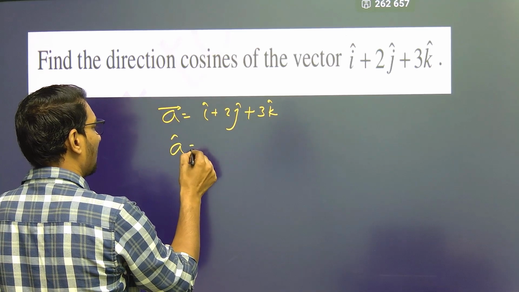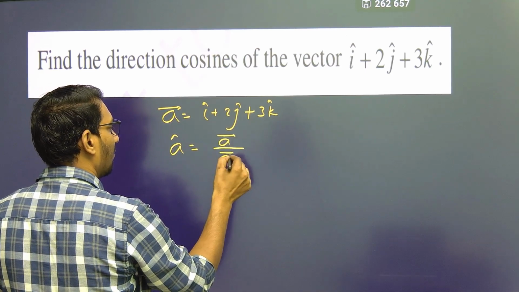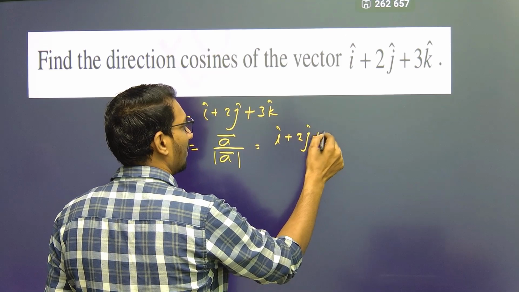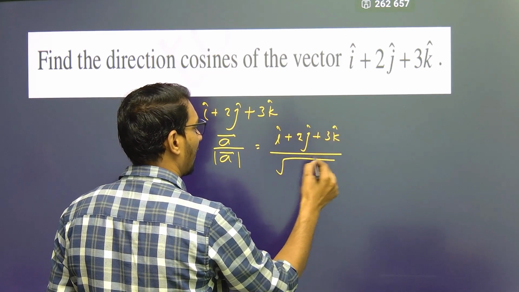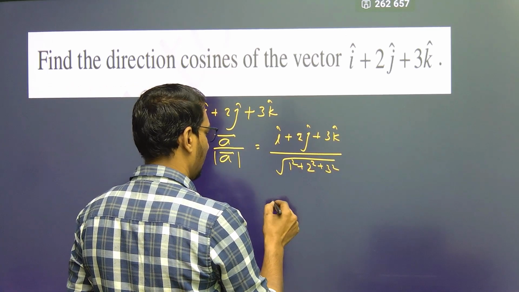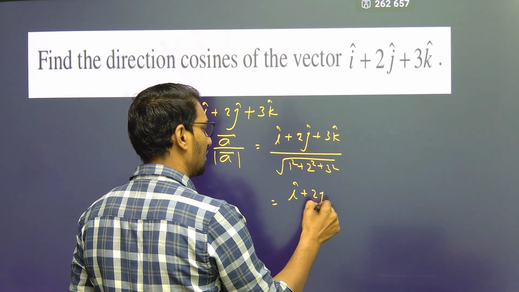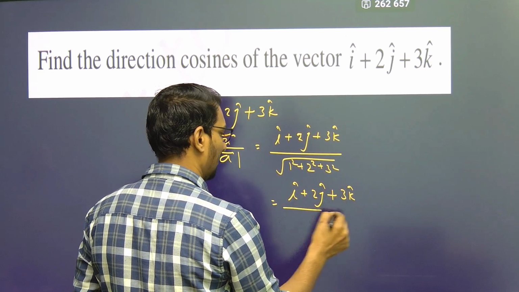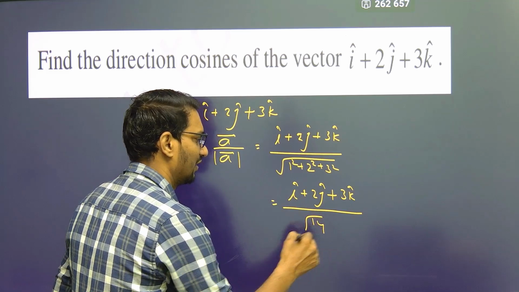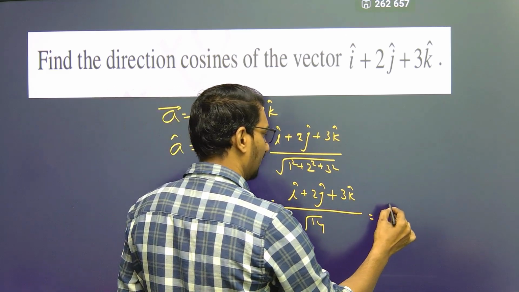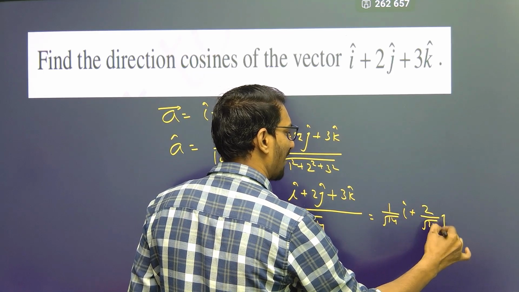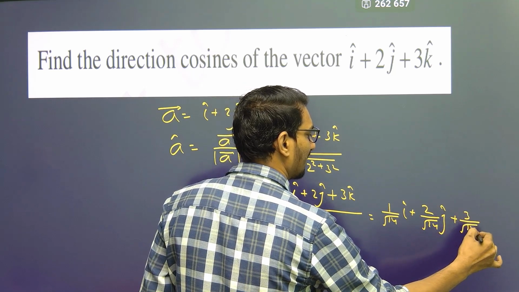So A cap is vector A upon modulus of A. So i cap plus 2j cap plus 3k cap divided by square root of 1 square plus 2 square plus 3 square, that is 1 plus 4 plus 9, which is 14. If we split the line, then 1 upon root 14 i cap, 2 upon root 14 j cap and 3 upon root 14 k cap.